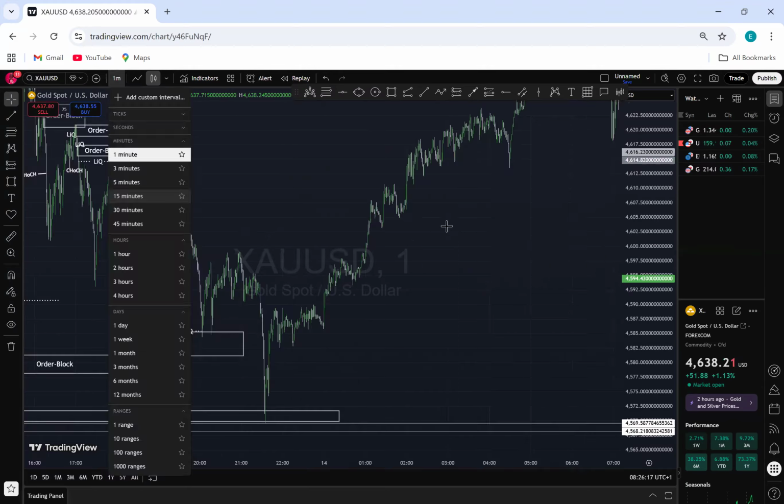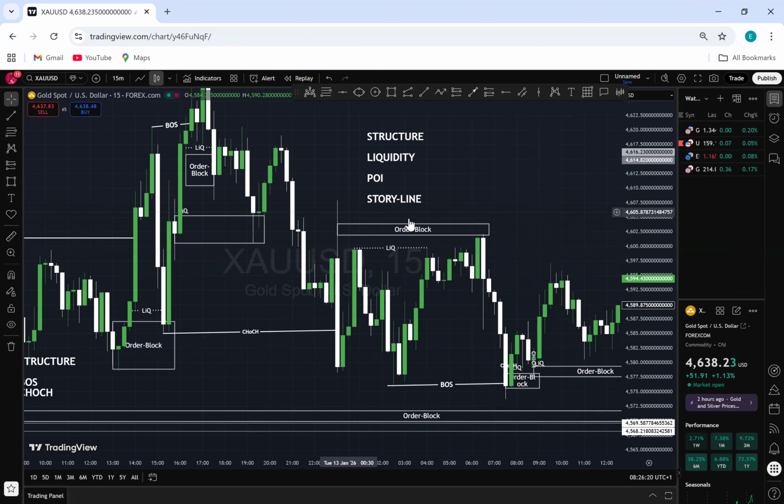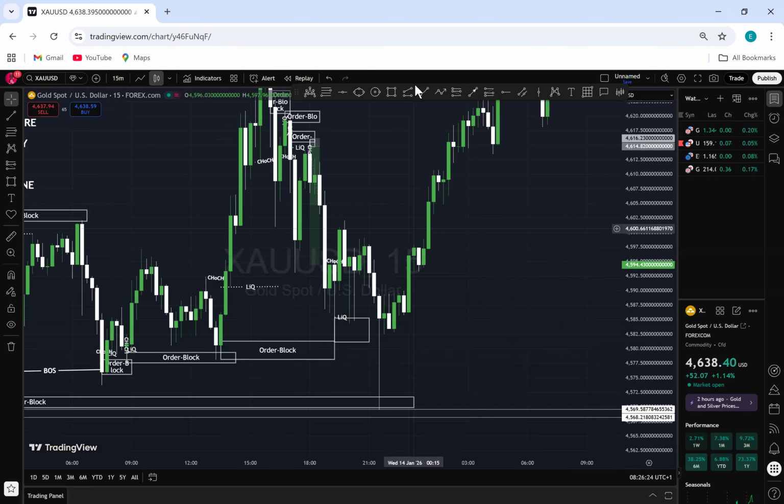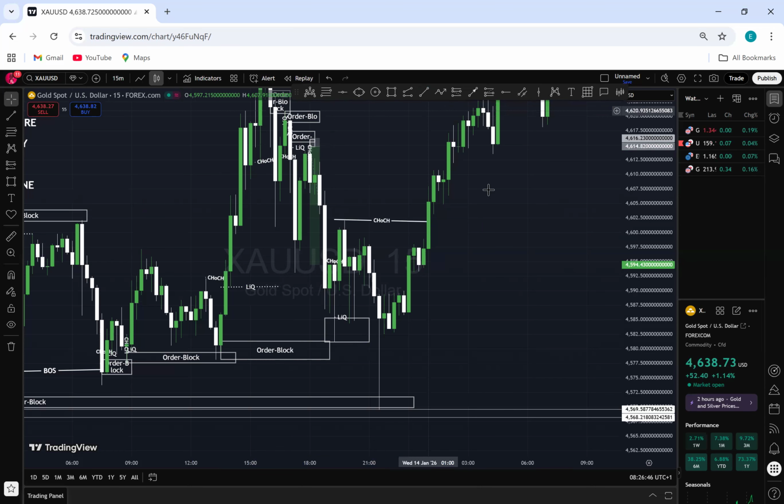Let's see. So we want to get first what? A structure. And what would that be? Let me see the last low here. Okay, so we have this as the change of character.